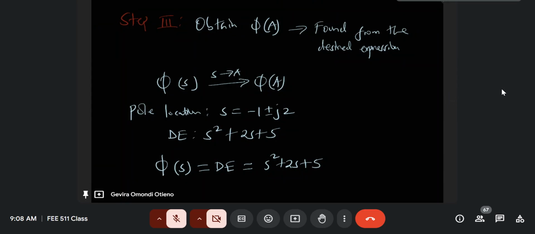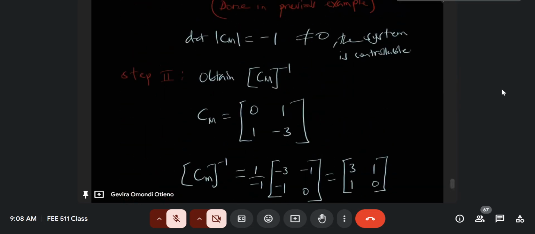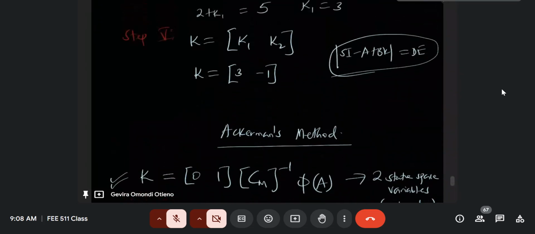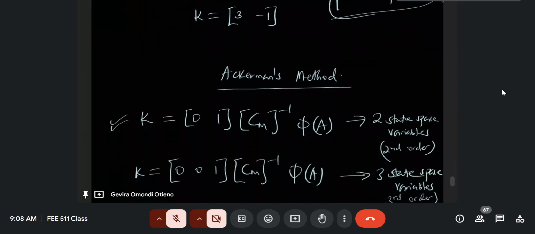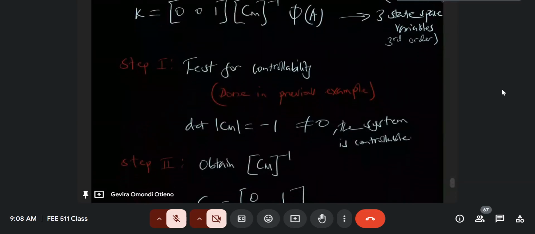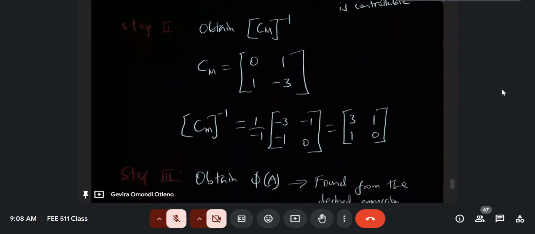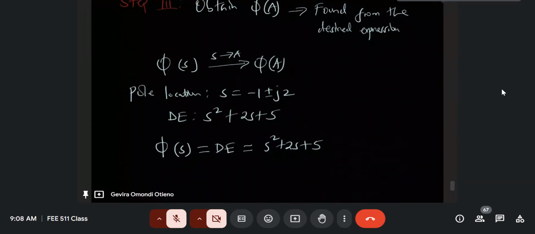So phi of S is simply, in other words, the desired expression. The matching coefficient method simply calls it the desired expression. Ackermann wanted to use a different expression for it, and so instead of calling it desired expression, he called it phi of S. It's just a way of somebody trying to make his work look original.